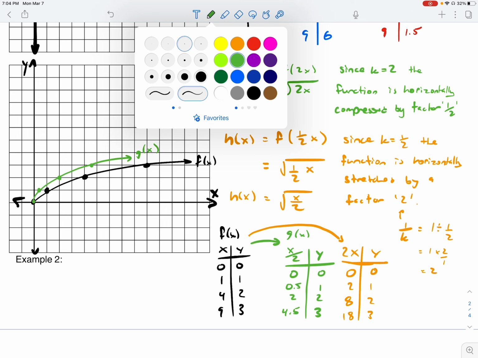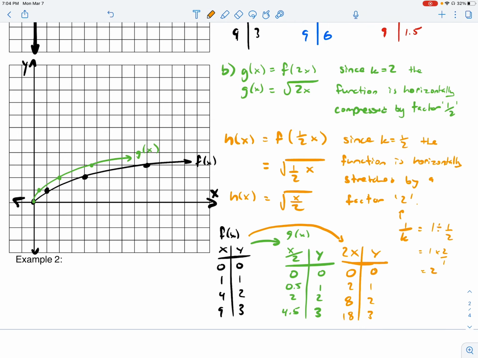Okay, the orange one, we have 0, 0, we have 2, 1, we have 8, 2, and then we got 18, 3, which we don't have a spot for. It's going to be way out somewhere out there, so we'll draw that like that.